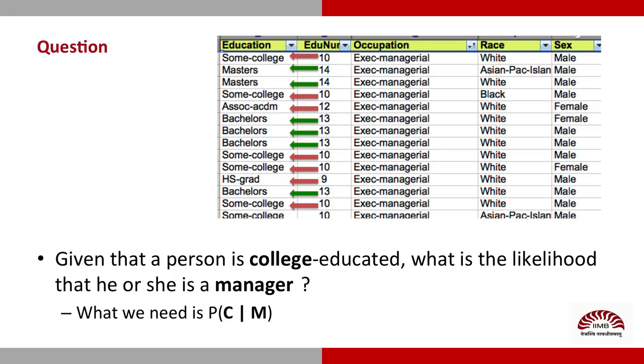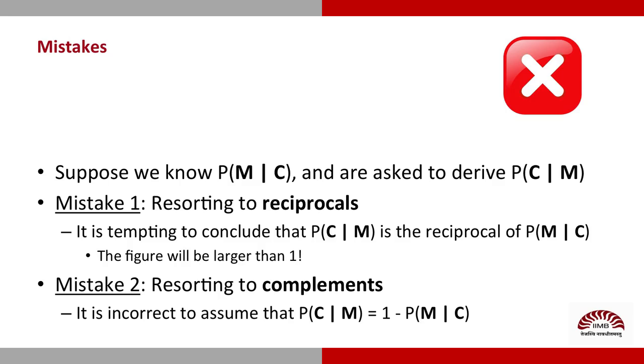Now the inverse question concerns P of C given M, or the probability that someone's college educated given they are a manager. When it comes to conditionals, it's easy to make mistakes. P of C given M looks like it could be P of M given C inverted as a fraction. But you'll turn up with something larger than 1, which isn't even a valid probability number.